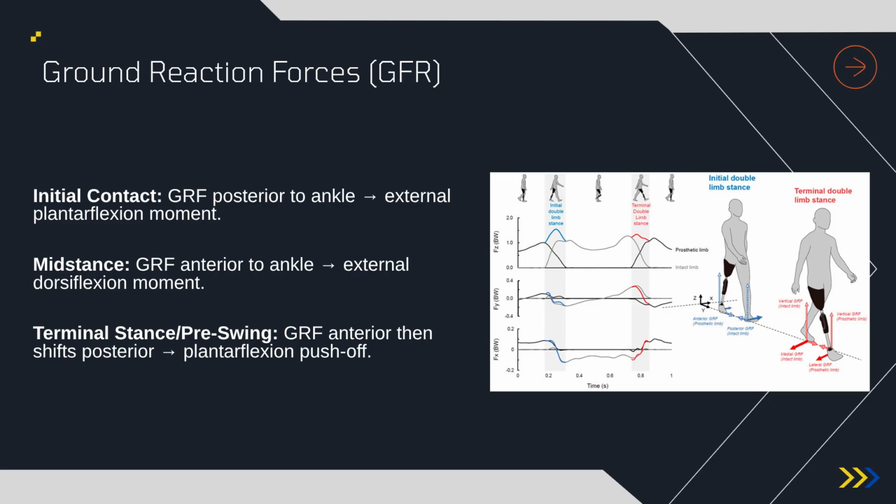Without proper ankle function, vertical oscillations increase, which raises energy cost. An inefficient ankle makes the entire gait pattern more expensive, even if strength is quote-unquote normal.